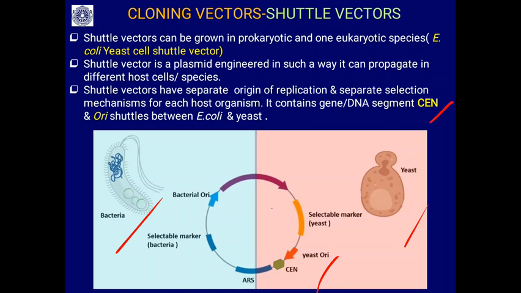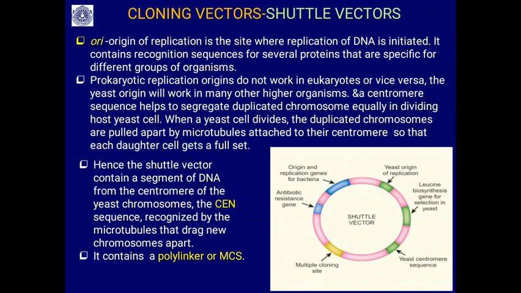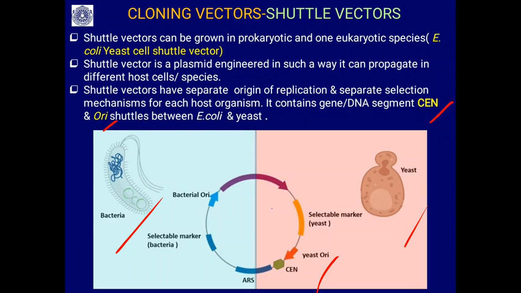And the origin of replication is the replication origin for E. coli. So you can see the selectable marker for the bacterium. Then ARS, the autonomous replicating system, is used for replication in yeast.